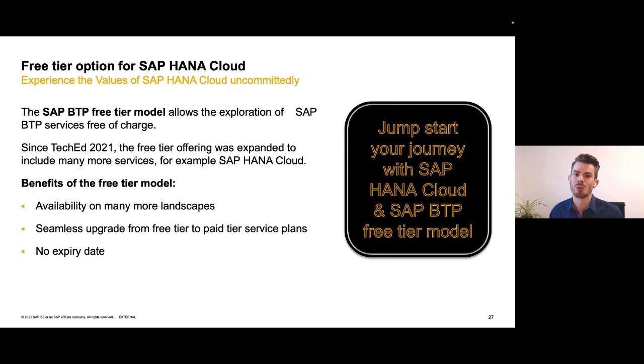It means that you can now consume HANA Cloud for free at the same time with other services that are part of the BTP offering. And the great thing about the free tier is that you can start working with the services for free and then move on using paid service plans as well. So transitioning from a free model into a paid model, depending on your demands.